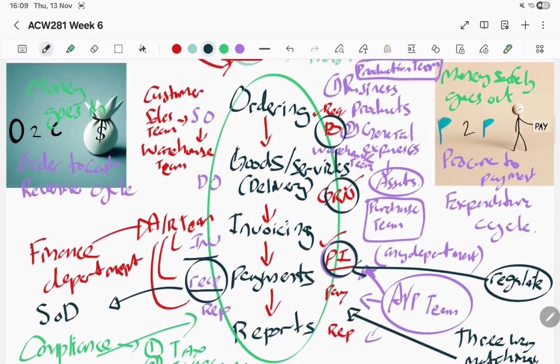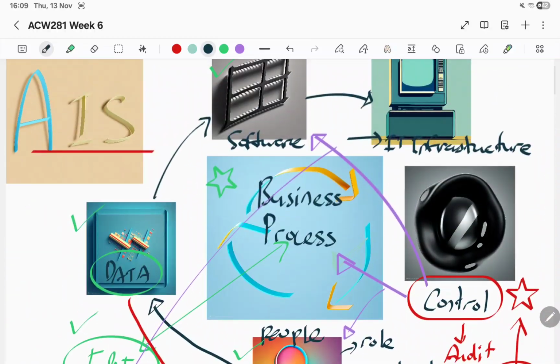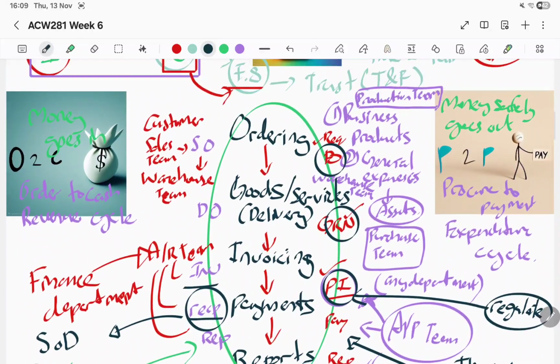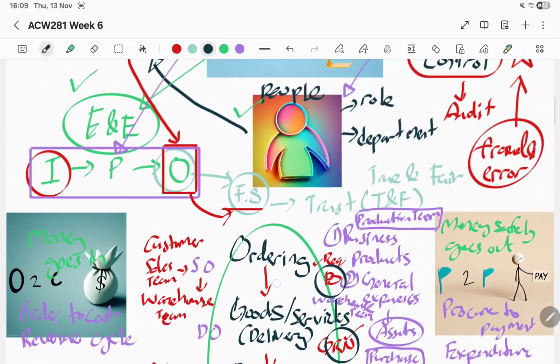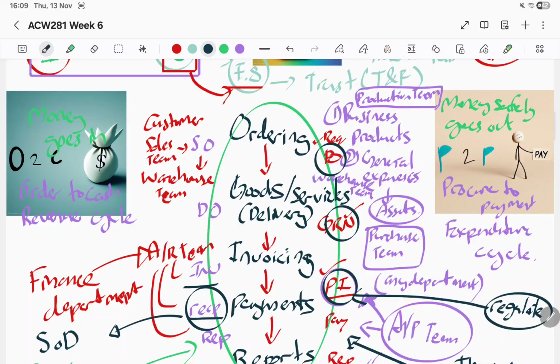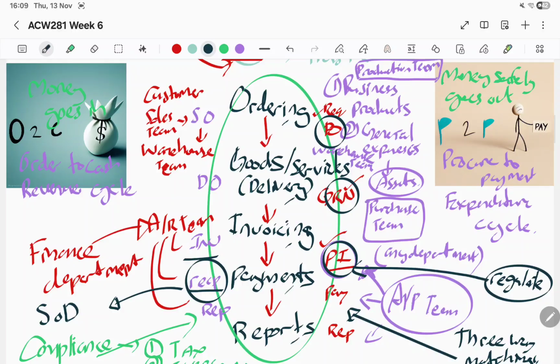In that sense, these are the two major controls that I want to highlight over here. Although there are many other controls, each of these processes will have its own control.